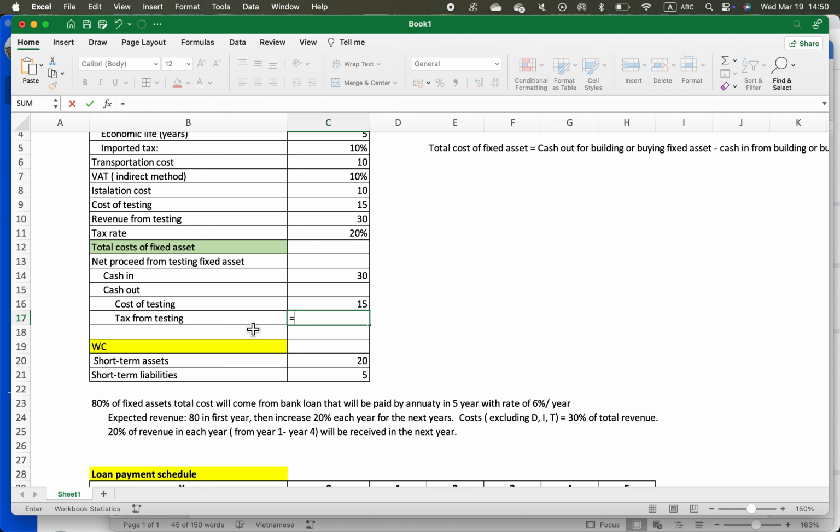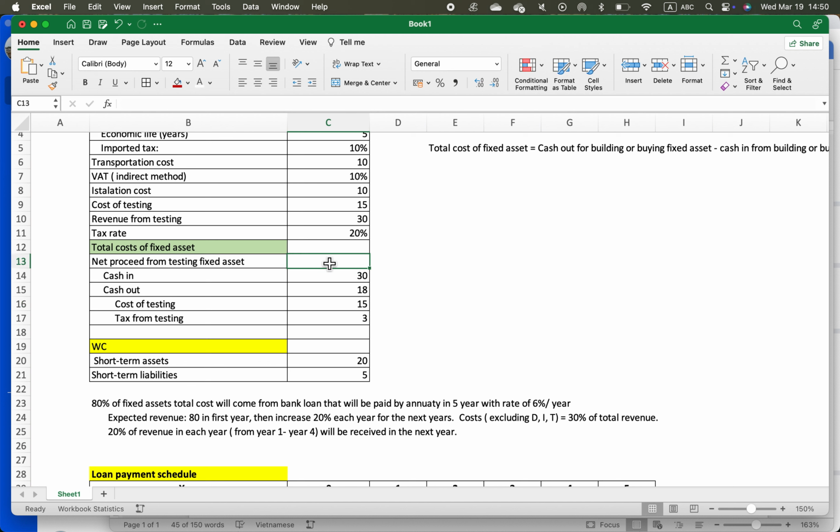Tax from testing is equal to the income before tax multiplied by the tax rate. The tax rate in here is 20%, and the income before tax is revenue minus cost, right? So we have it in here now. So the total cash out in here could be 15 plus 3, right?